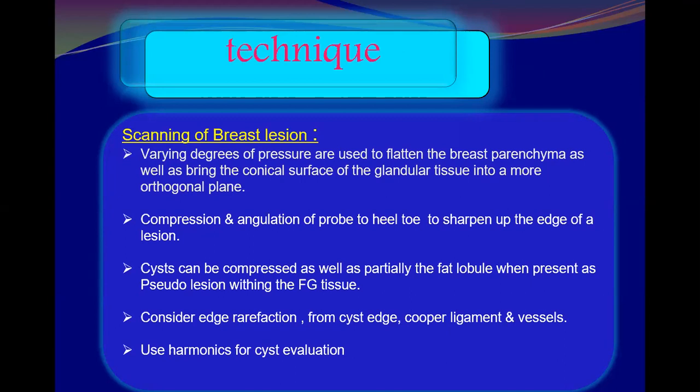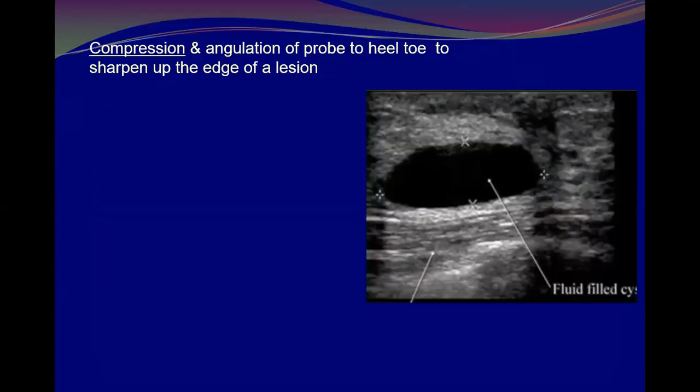And when it appears hypoechoic, and if you give pressure and it gets compressed, that will help us in evaluation of its cystic nature, okay? And also we might add harmonics to evaluate for the cyst, but not only for a cyst. We'll see later how compression is also helping us.